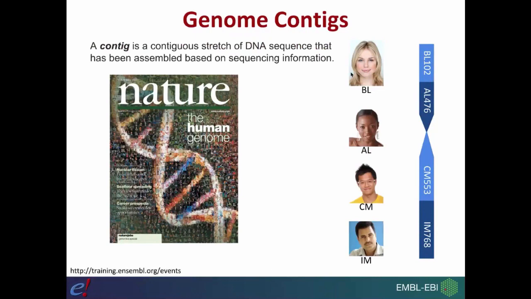So this lady's DNA was used to generate this contig, BL102, and so on. So yeah, please keep in mind that the reference genome is actually a composite of different pieces of DNA from different people.